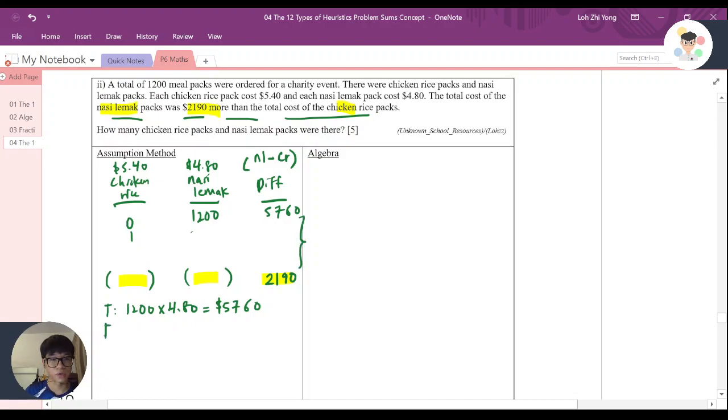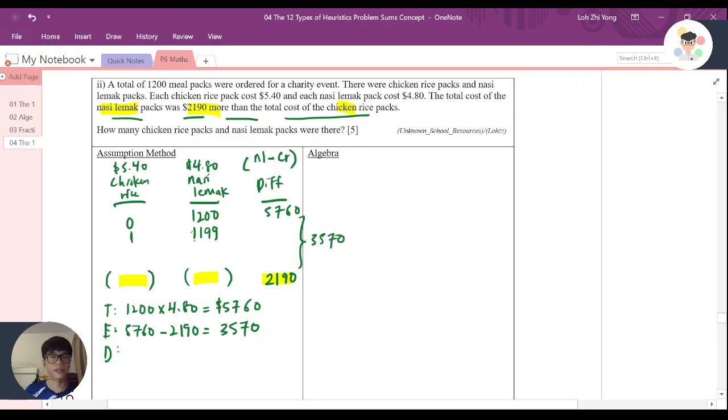So we use 5760 minus 2,190, and we will find that it's equal to 3,570. Again, what we need to find out is the difference D. When here is 1 chicken rice and here is 1,199 nasi lemak, what is the amount that decreases?